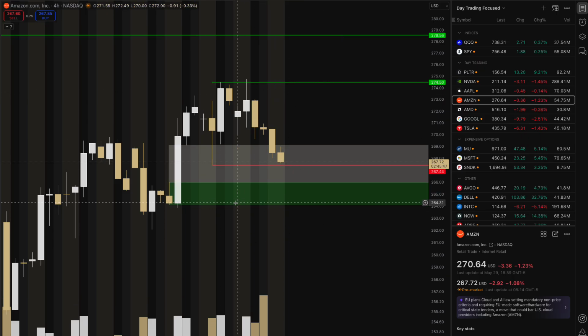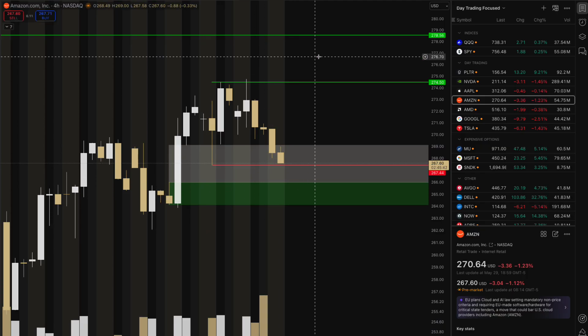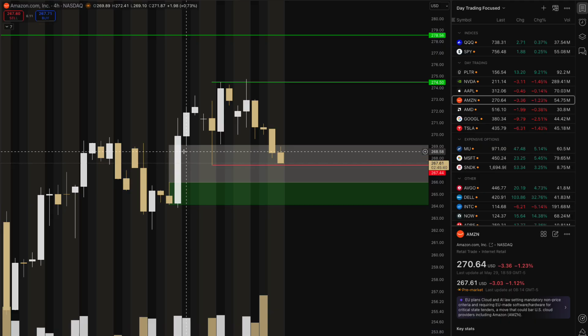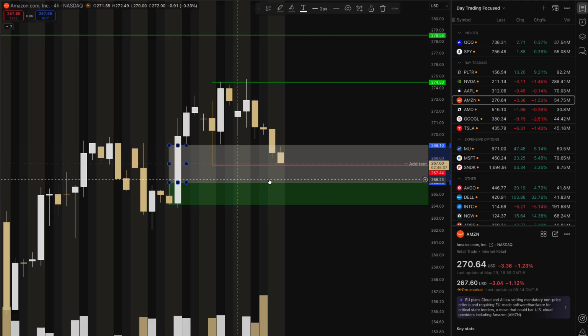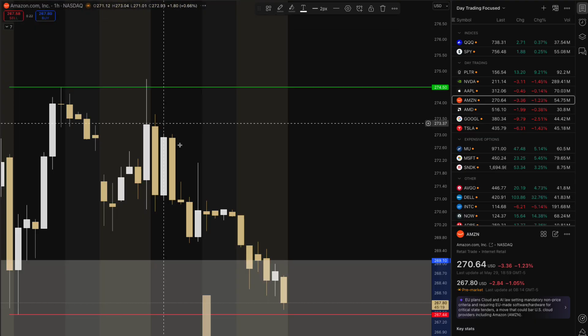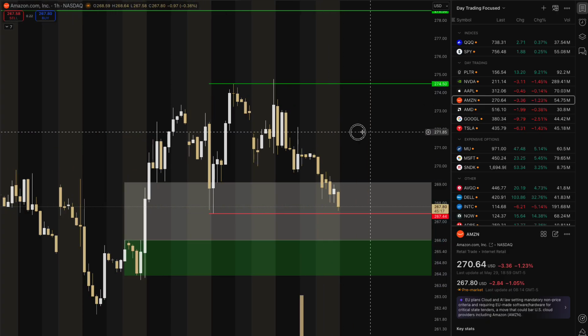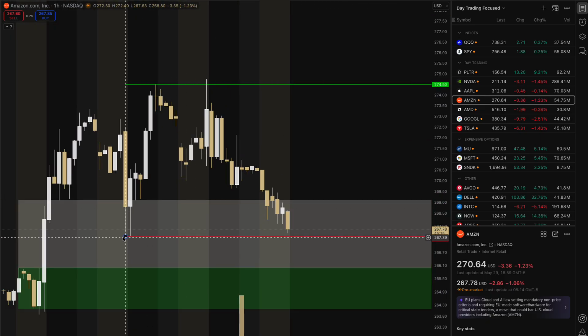The green area is the support zone we have, so the price can come back down here and then we can see aggressive buyers coming in. And this white area is the fair value gap which we left; there were so many buyers that a lot of people didn't get a chance to enter the trade. So the price can come back to this area and then move up again, as this fair value gap is also lining up with the previous day low.